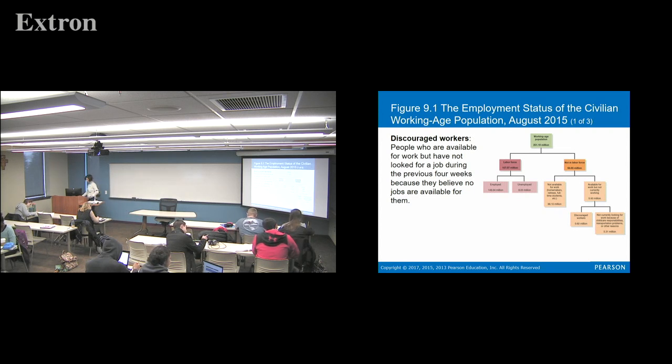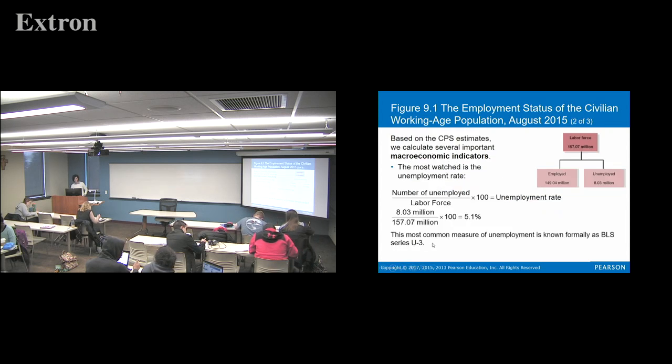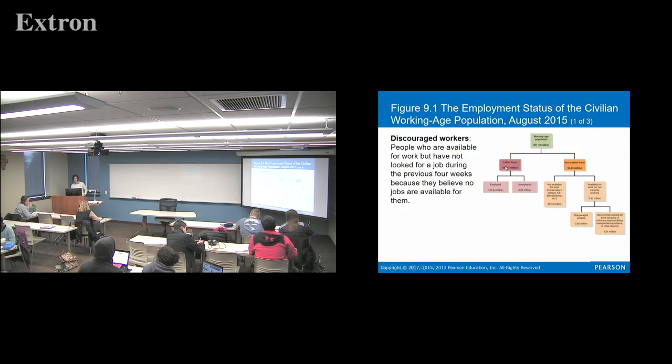That's where we get our formula. It's going to be divided by the labor force. The labor force is this number right here, Maria, right? Okay. So once you get your number for part B, in part C then, you can calculate the unemployment rate.